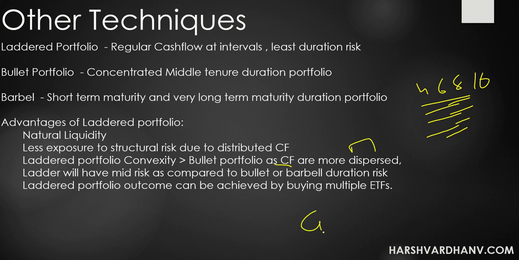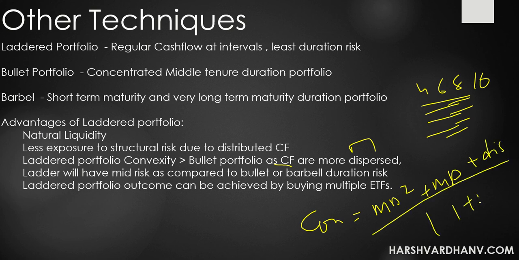We know that convexity is Macaulay duration squared plus Macaulay duration plus dispersion, upon 1 plus IRR. So if dispersion is more, convexity is more. A ladder will have minimal risk as compared to bullet and barbell duration risk.